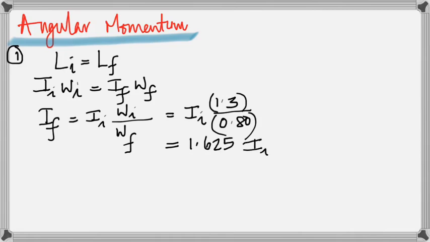And you get it as 1.625 I1. There you go. The final moment of inertia is 1.625 times the initial moment of inertia, isn't it? So what is the answer? Your answer is it has changed by a factor of that much, 1.625. So that is your answer.